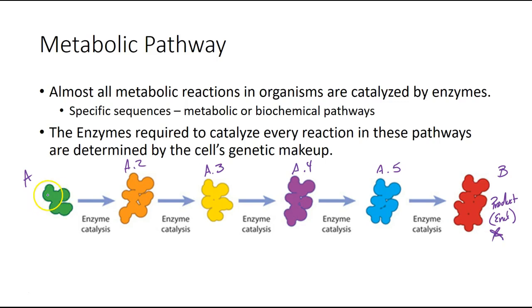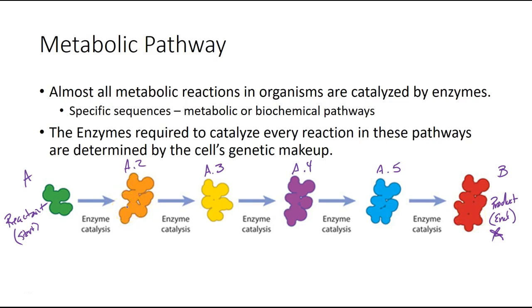But we have this, which is our reactant, at step A that we are starting with. So we're going to start with point A with this particular reactant, and this reactant is going to produce this product. You'll notice that the shape of this product is slightly different than the shape of this product.